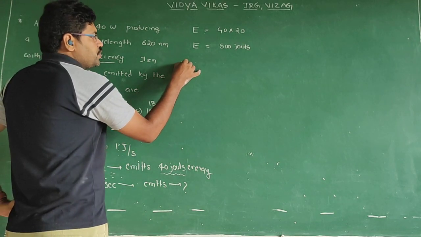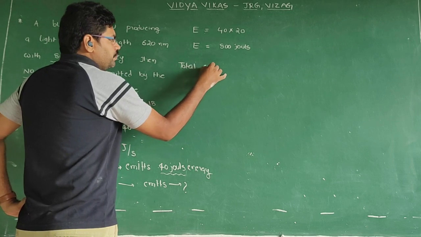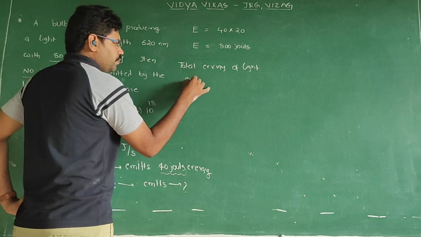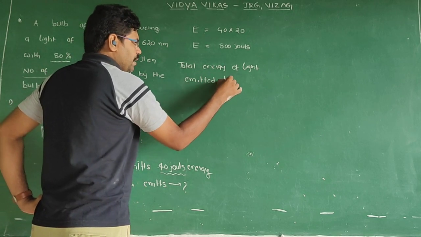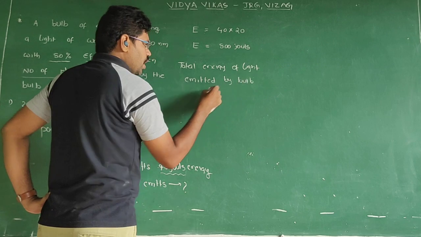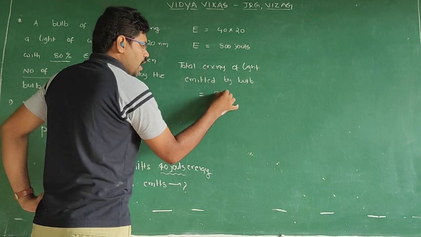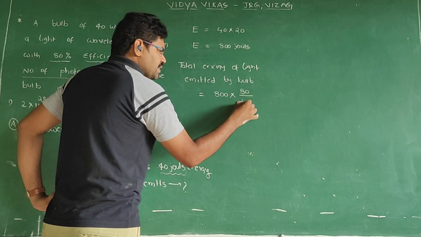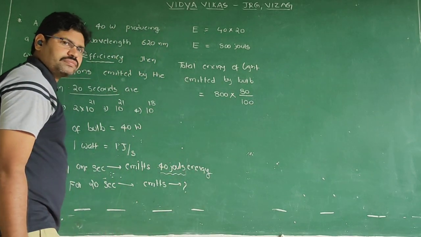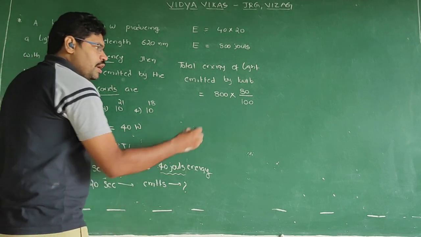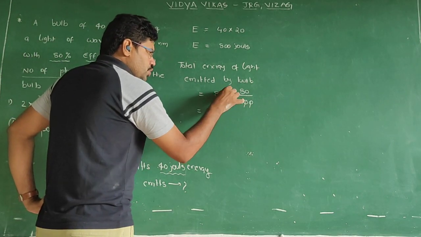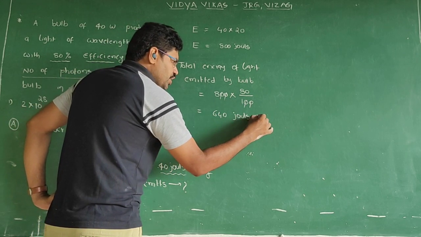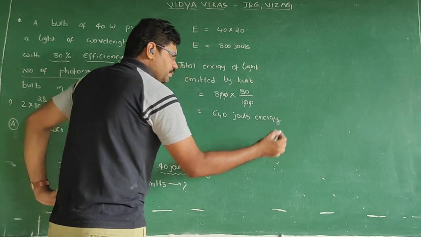So, dear students, the total energy of light emitted by the bulb is 800 joules, but since the bulb is only 80% efficient, we take 80 by 100 of it. Two zeros cancel: 8 into 80, 640 joules of energy emitted by the bulb.